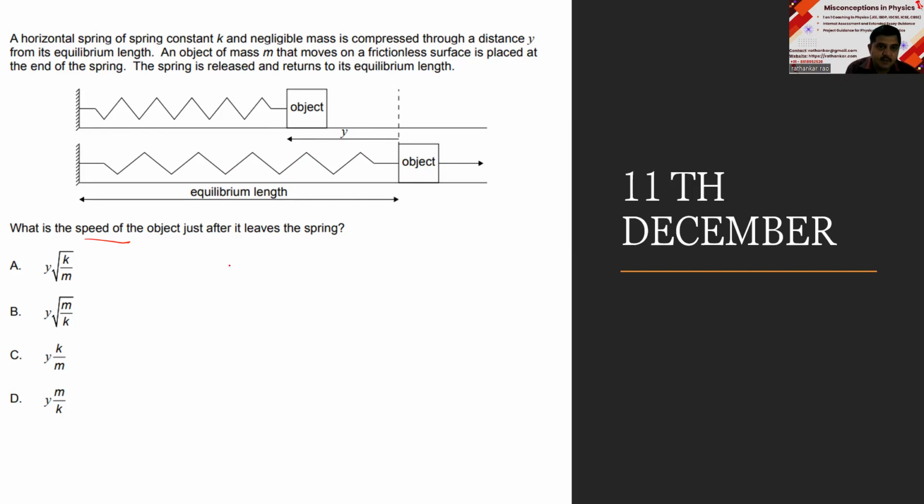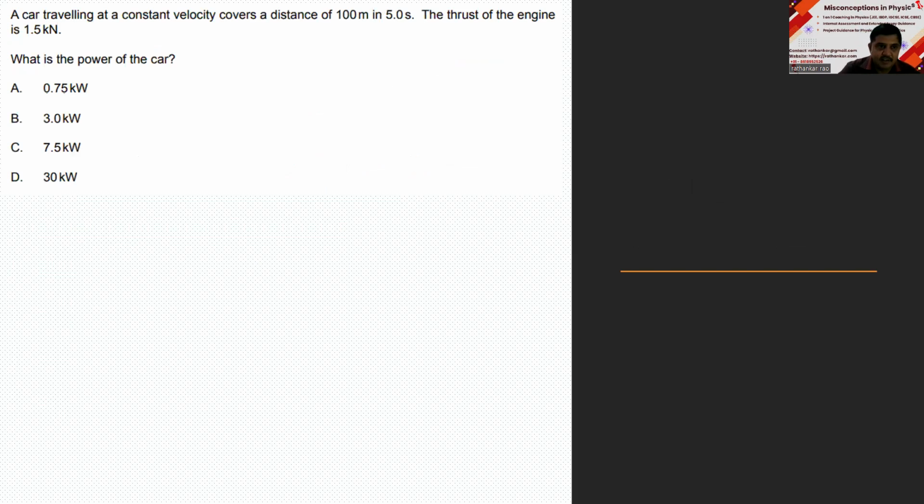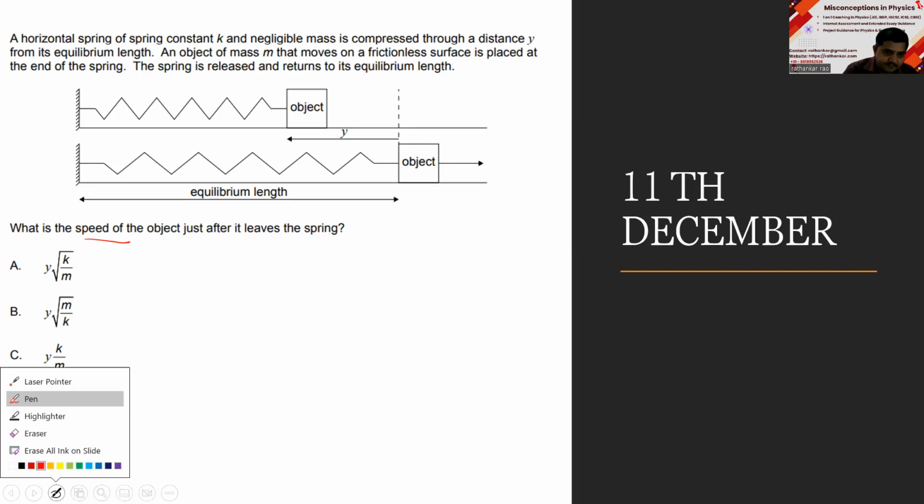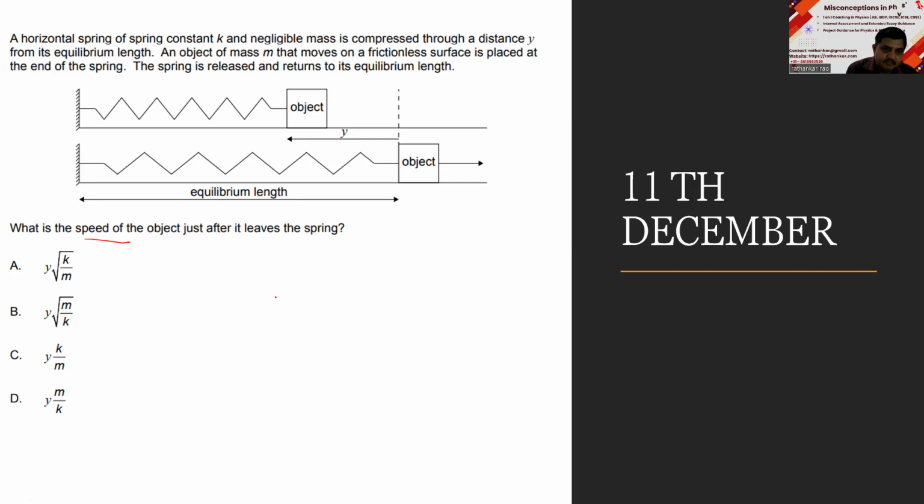So now we'll write down the equation. It should be half k y square is equal to half m v square, right?